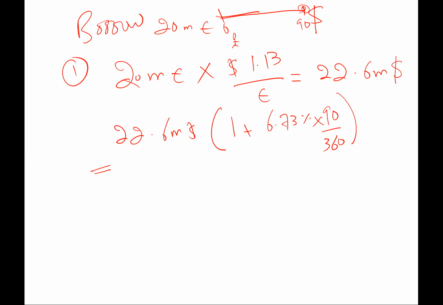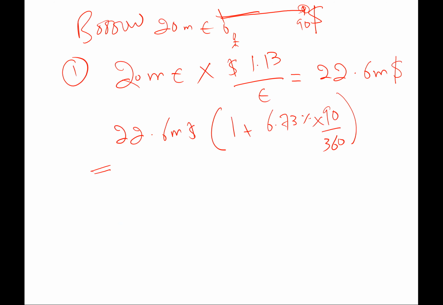Calculate it, guys. Why is it 1 plus? Because it's going to be added to the principal. You are taking back the money after 90 days and converting it into euros, paying back the loan.